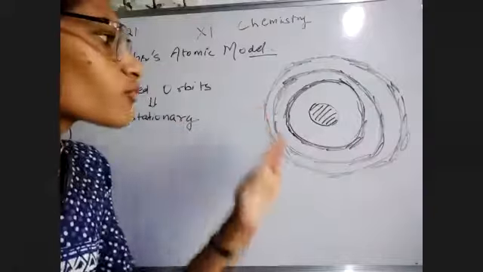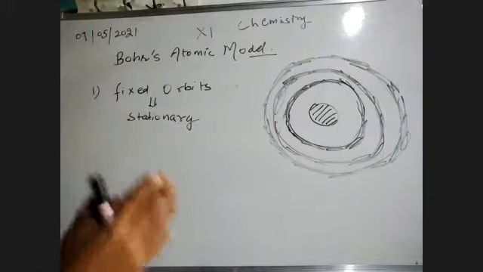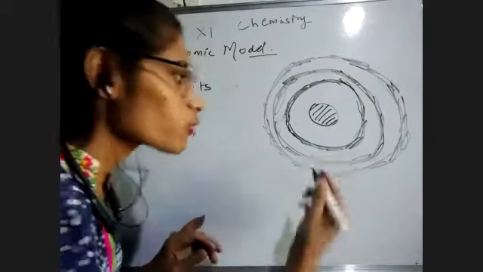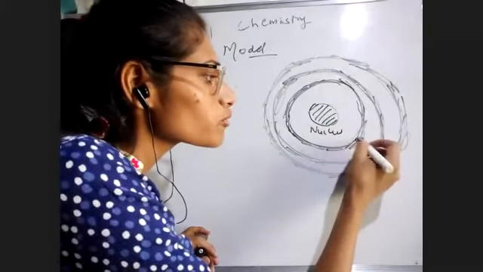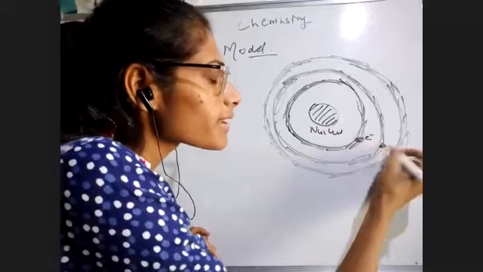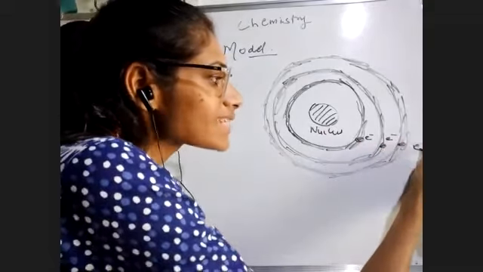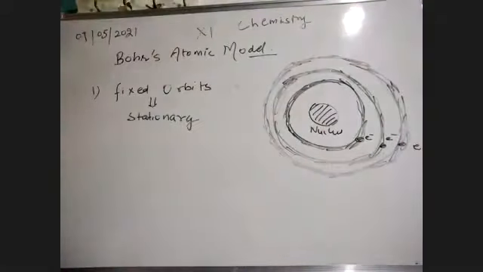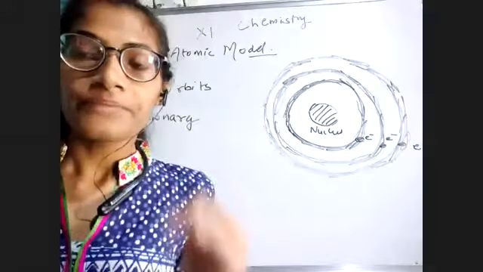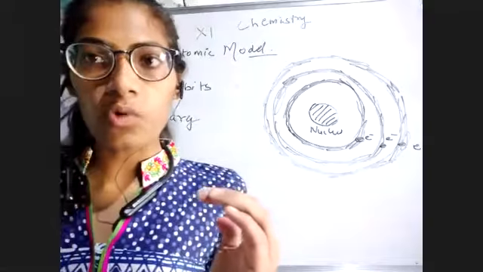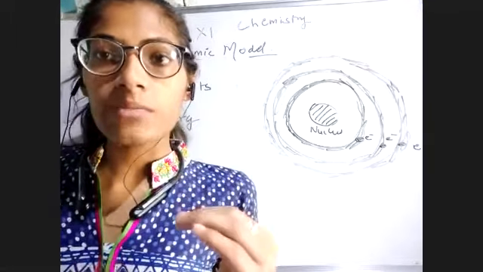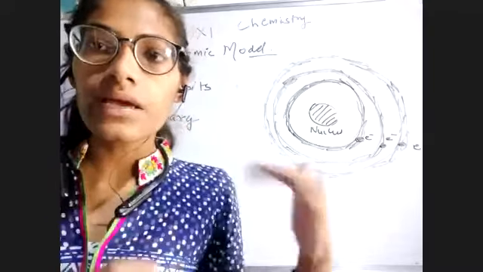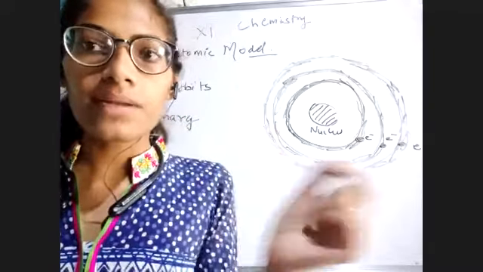So first point, he told us that electrons are moving around the nucleus in fixed or stationary orbits. Second, as I have already told you in the last lecture, these orbits have somewhat energy, and this energy can be changed if we radiate them with somewhat more energy.